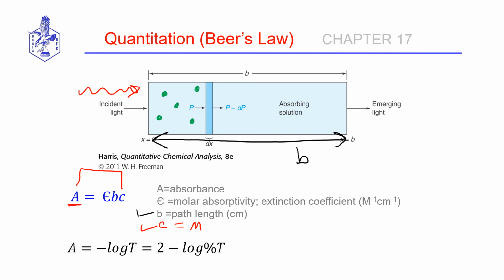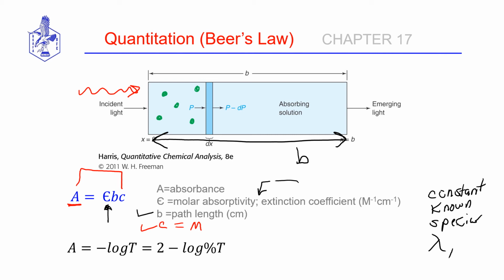And the constant of proportionality is something known as an extinction coefficient. It's also referred to as the molar absorptivity. This is a constant and known value for a given species at a particular wavelength. Therefore, Beer's law: absorbance equals extinction coefficient times path length times concentration.